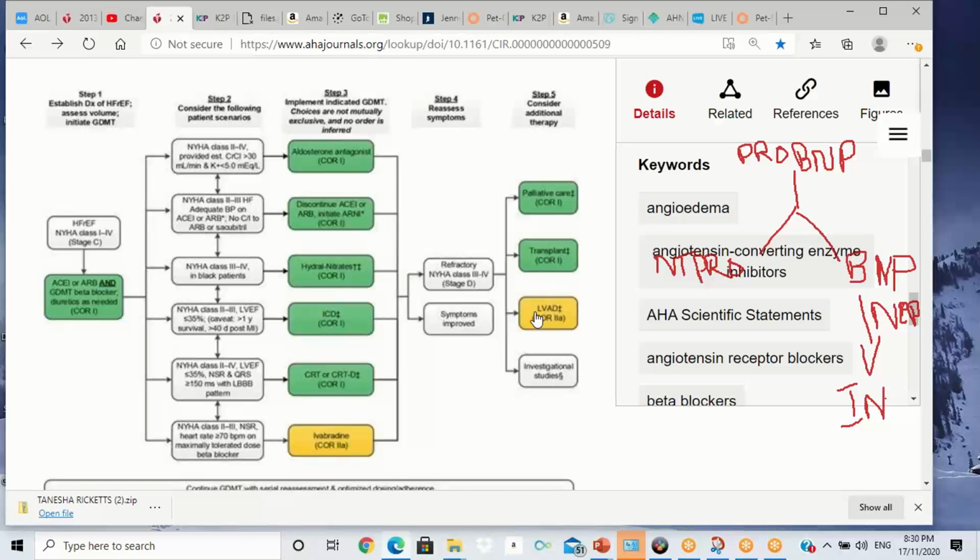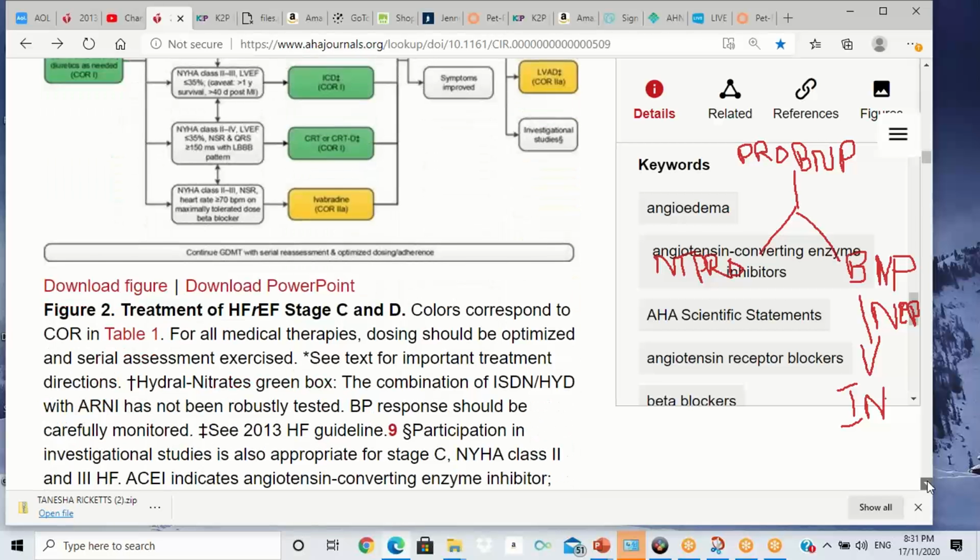We'll talk about LVADs, and LVAD can be a bridge to transplant, or it can be destination therapy, or you can get them enrolled in some investigational therapy.